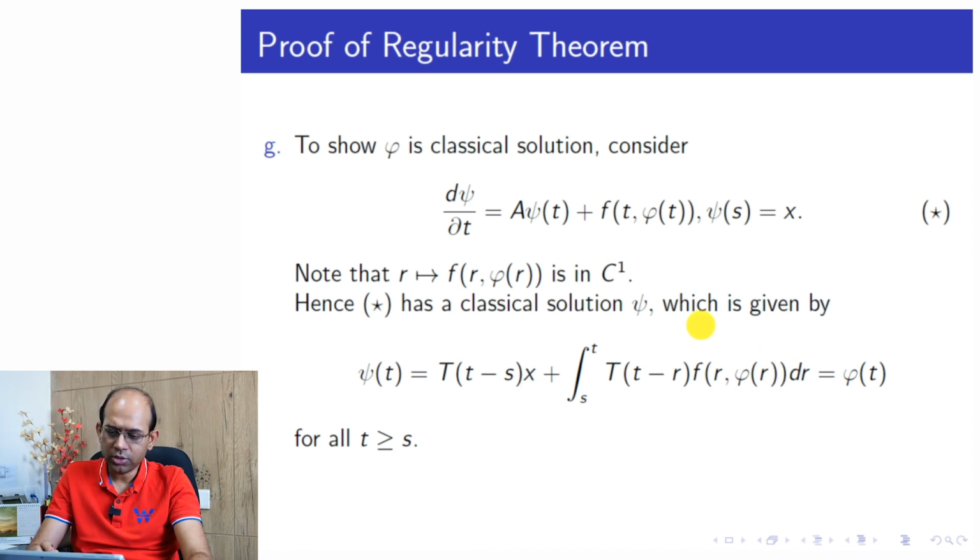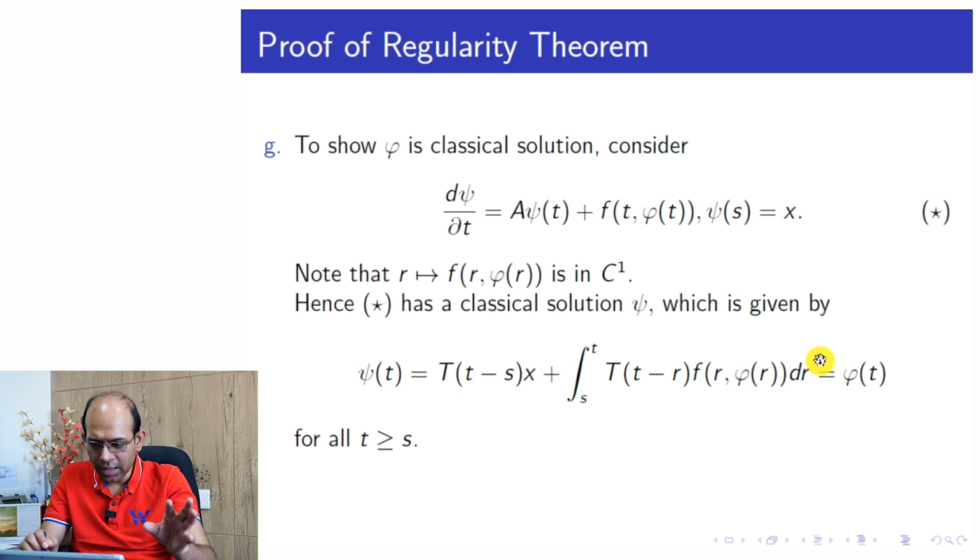However, this is something which we have seen earlier. We have already seen that the ACP has a mild solution, and that mild solution satisfies an integral equation, and that integral equation looks exactly like this. So for the mild solution, phi satisfies this integral equation for each and every time t between s and capital T. So this whole thing as a function of t is nothing but the same as phi t.